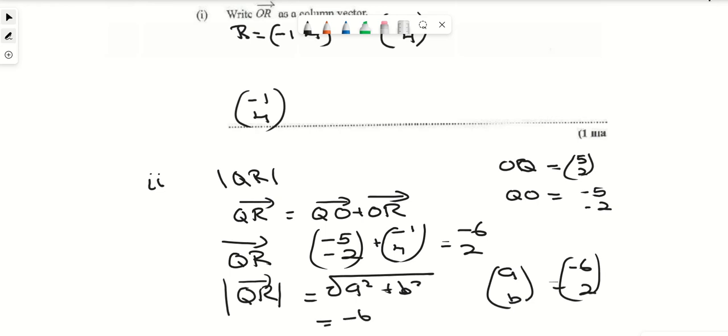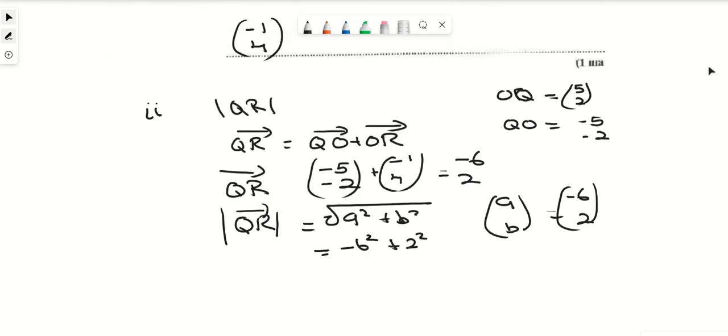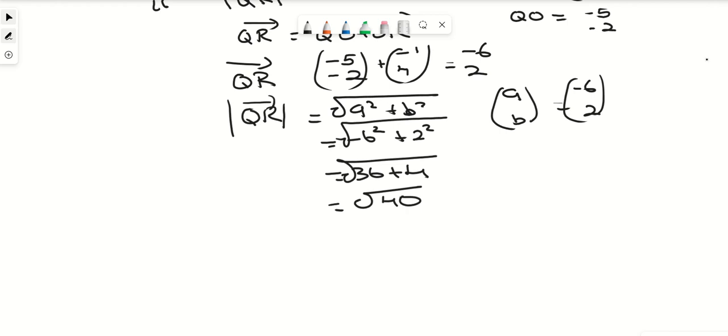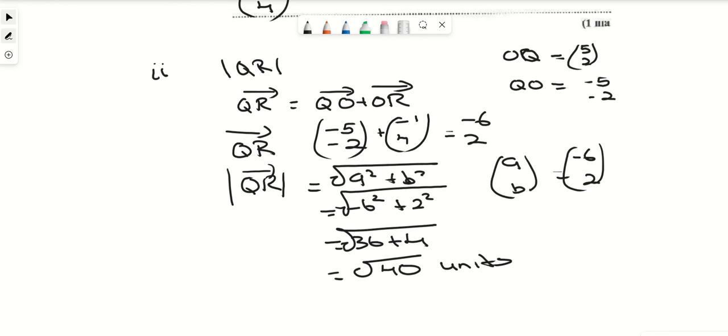So it's minus 6 squared plus 2 squared, right? And then you find the square root of that when you add it up. This is equal to the square root of 36 plus 4, which is the square root of 40. And you can leave this. This is the square root of 40 units. And this is the magnitude of vector QR.